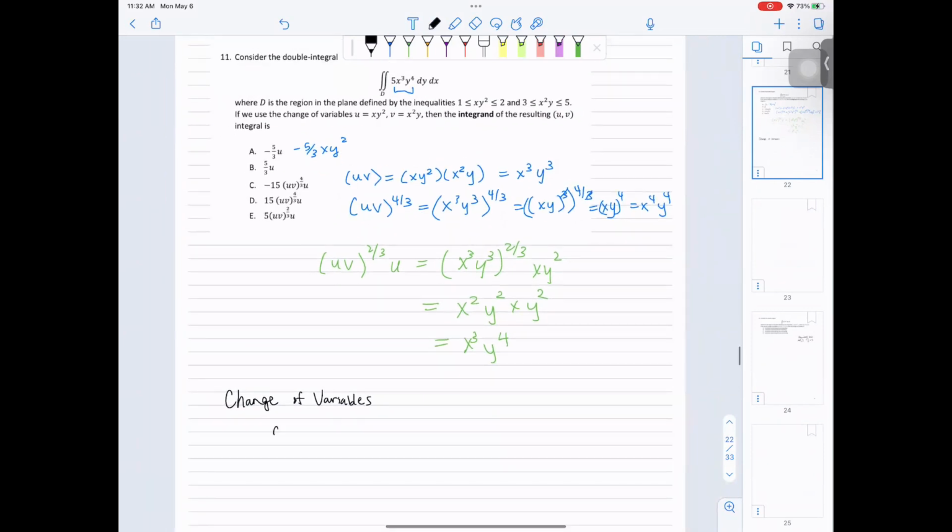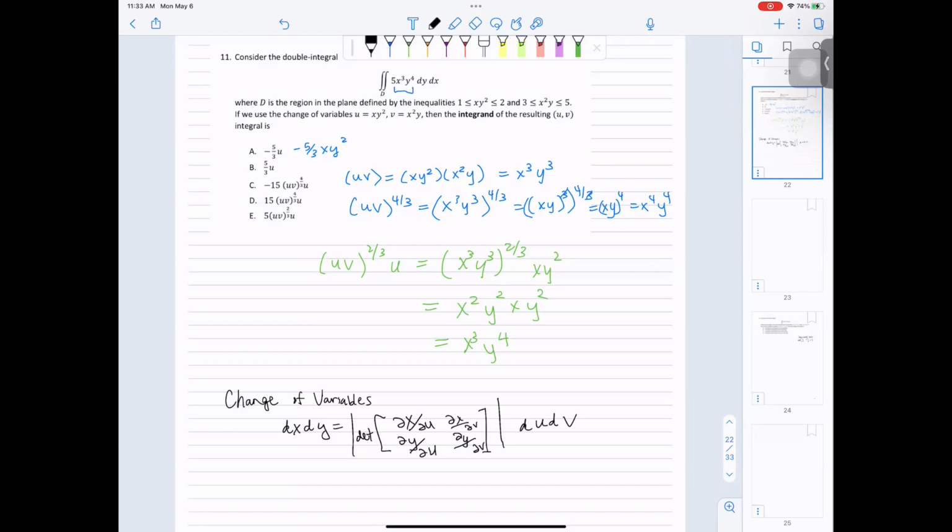All right, in change of variables, what is dy dx equal to? Let me just say dx dy. It's equal to the absolute value of the determinant of this matrix where you have x and y as the outputs, and what are our inputs? They're u and v, du dv.